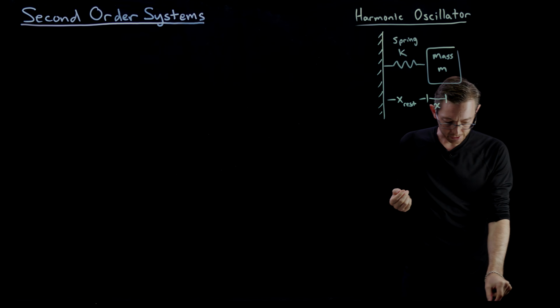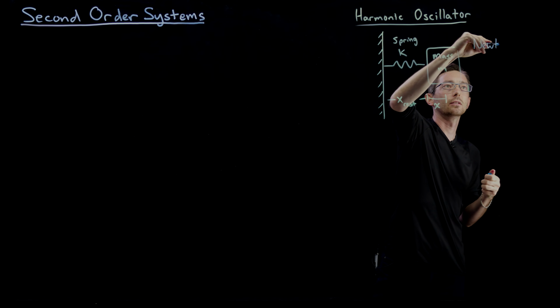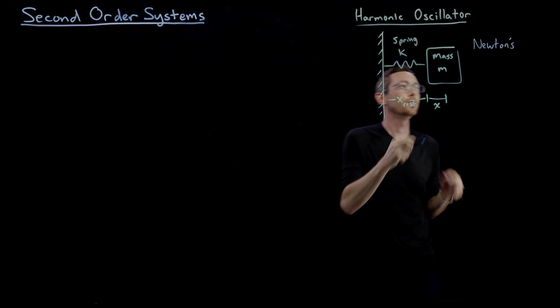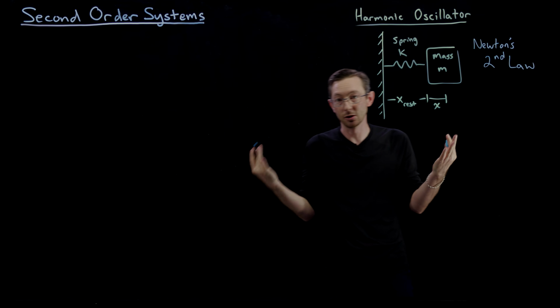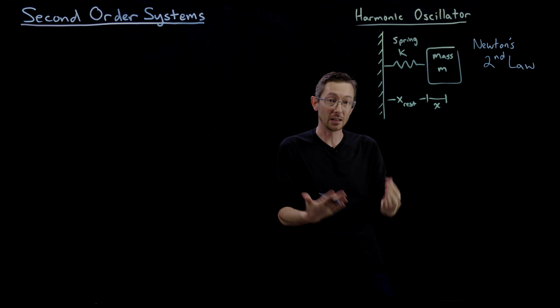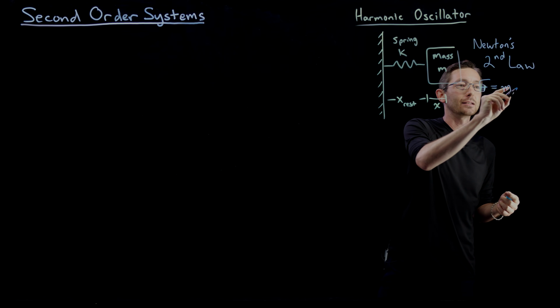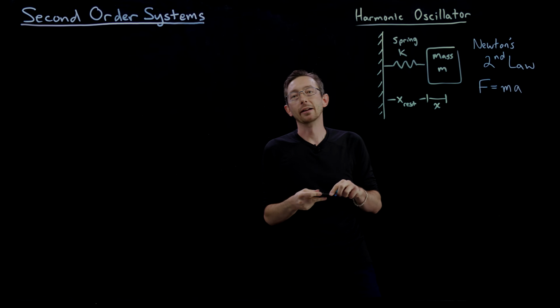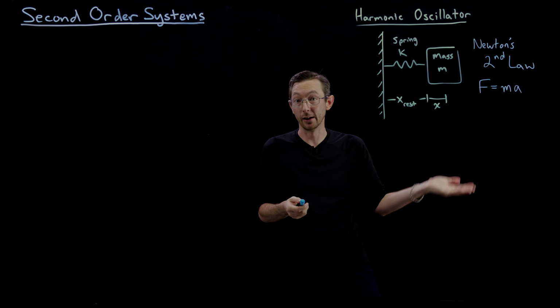And we're going to start with Newton's second law of motion, which you all are familiar with as F equals ma, force equals mass times acceleration. And of course, acceleration in this case is the second time derivative of position.